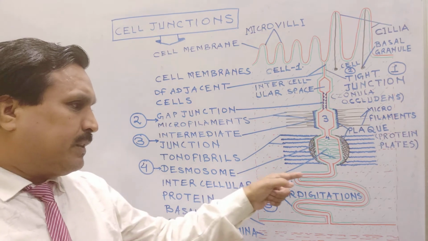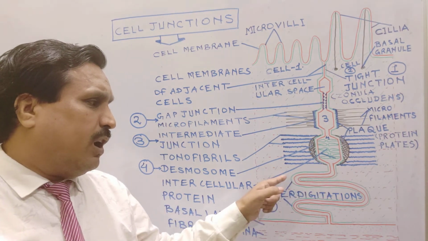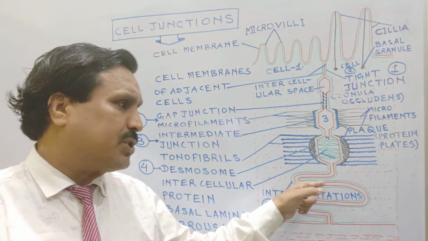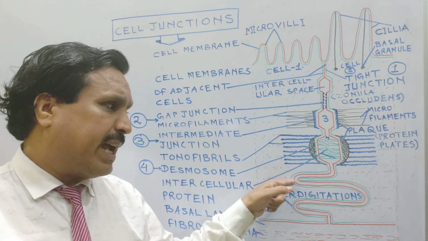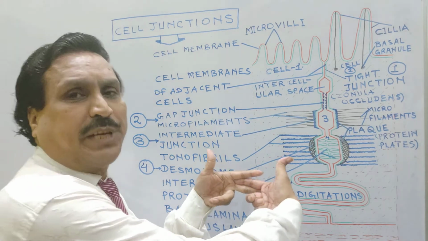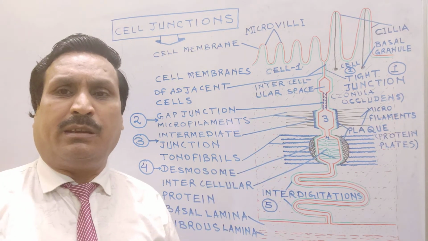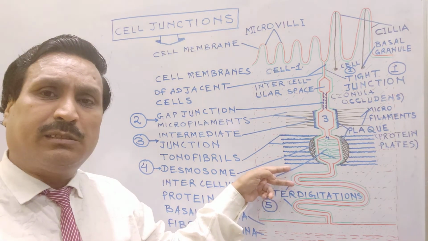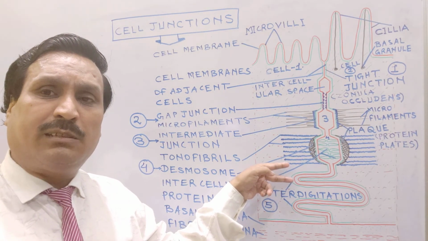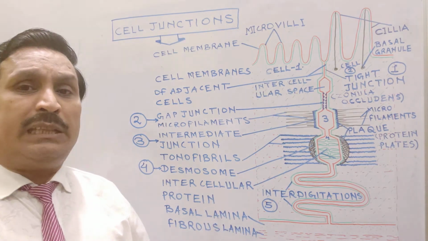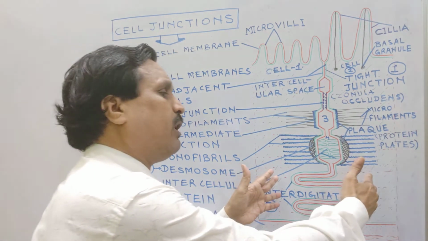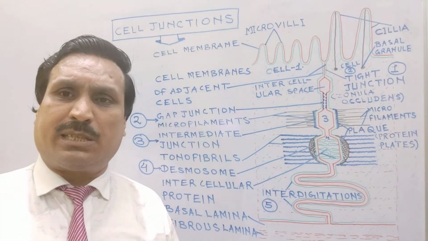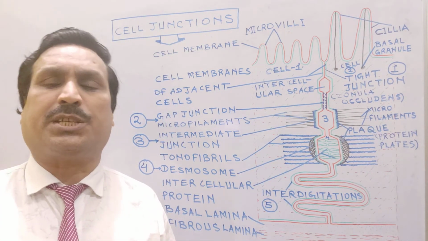Similarly, plasma membranes of adjacent cells form finger-like structures, and these finger-like structures are fitted between the other finger-like structures of the adjacent cell membrane. That is why this type of intercellular junction is known as interdigitation.